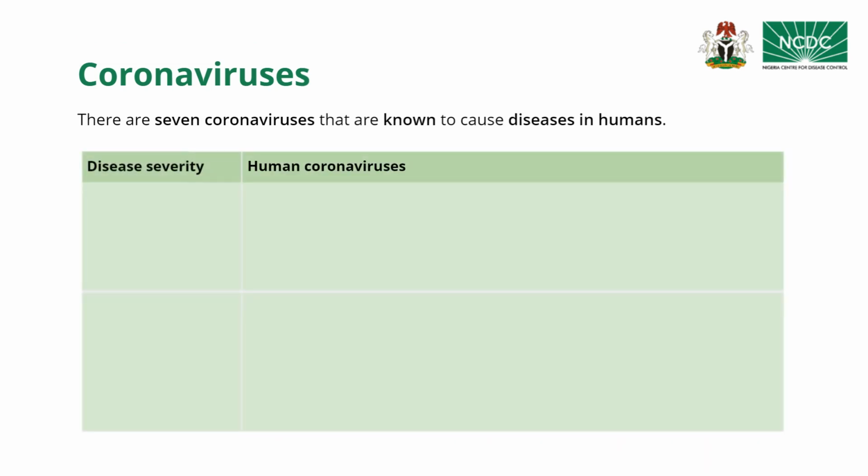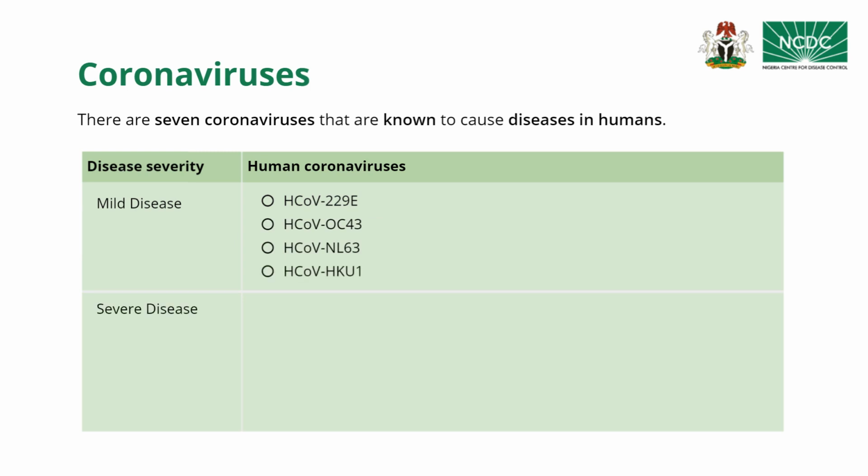4 of these human coronaviruses cause mild diseases. These are HCoV 229E, HCoV OC43, HCoV NL63, and HCoV HKU1.